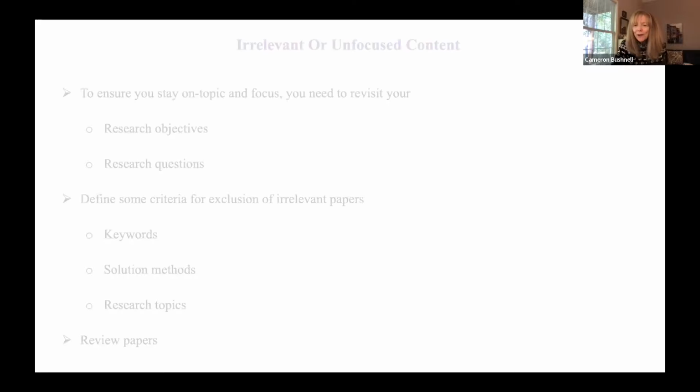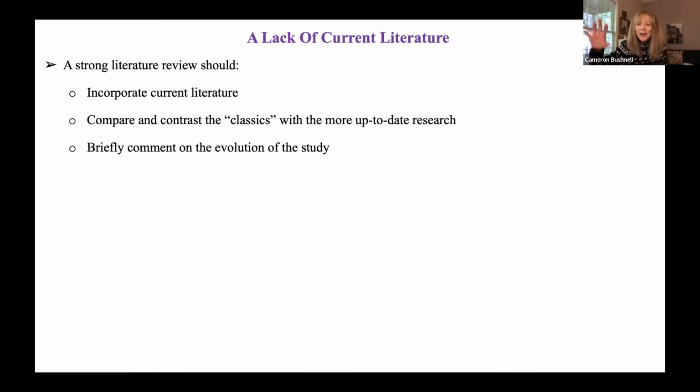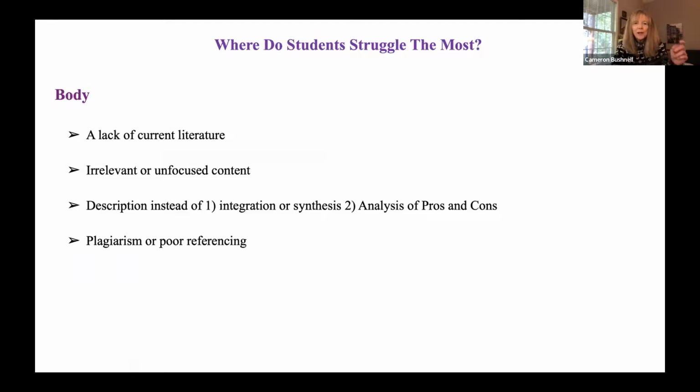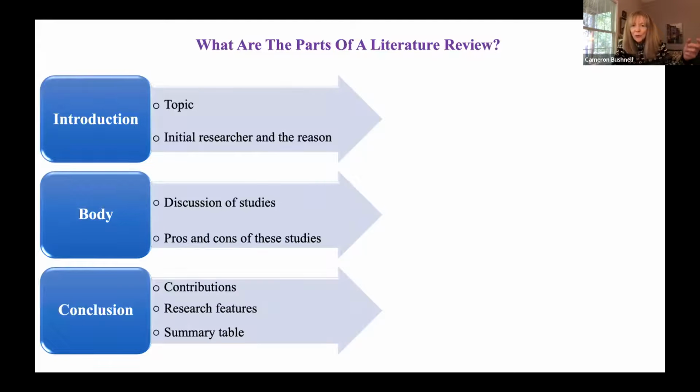Okay, yeah, that would take a lot of integration, because the initial research and reason would be per author, right? Actually, in a literature review, usually we are focusing on a research topic or a maximum of two research topics.